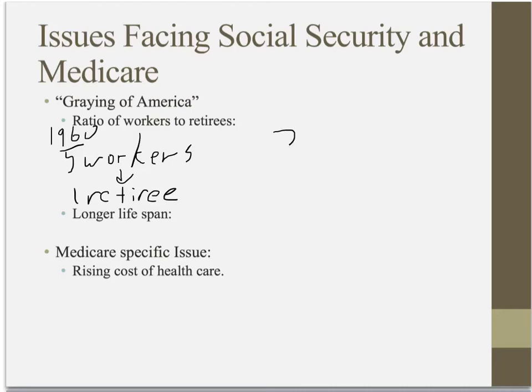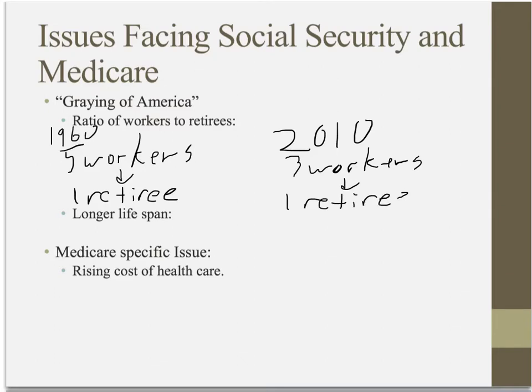Well, in the year 2010, for Social Security, because of population growth and because there are more and more older Americans, the ratio of workers to retirees is 3 workers for every 1 retiree. So in the year 2010, there's only $30,000 being added, if we stay with that example, to the bank account for every 1 person drawing out of it.